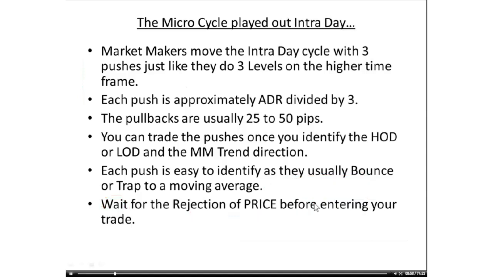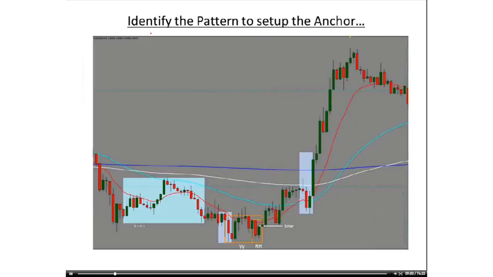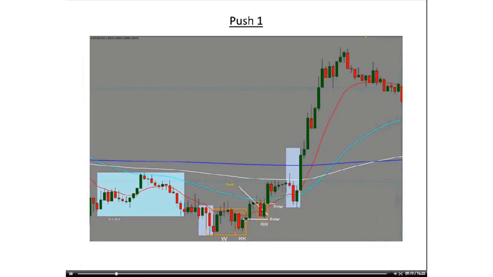So here we go. You identify the pattern to set up your anchor. Okay, I got my anchor. Down, railroad tracks, I'm in. That is my anchor. Okay, now you can trade the pushes. Where is my first push? Well, here is my first push.